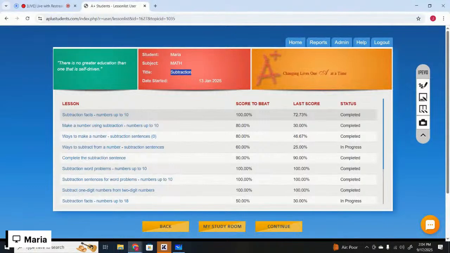Okay, here I'm on grade 1 math. The chapter we're on right now is subtraction. Let's start with the first lesson, that is subtraction facts, numbers up to 10.